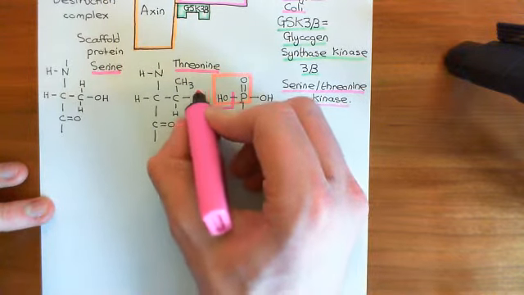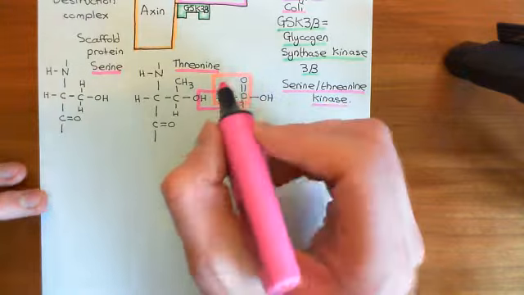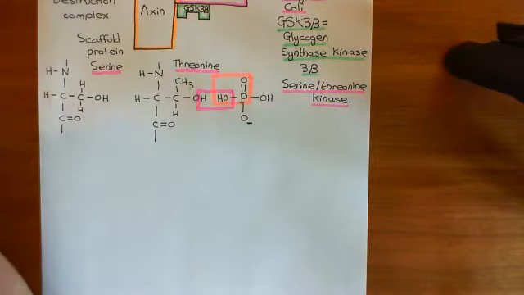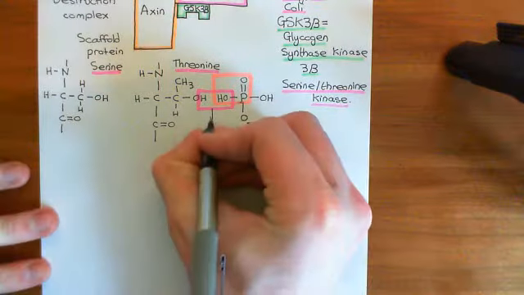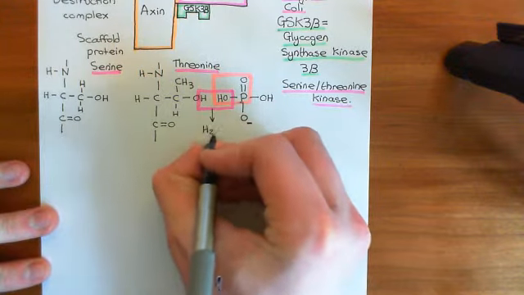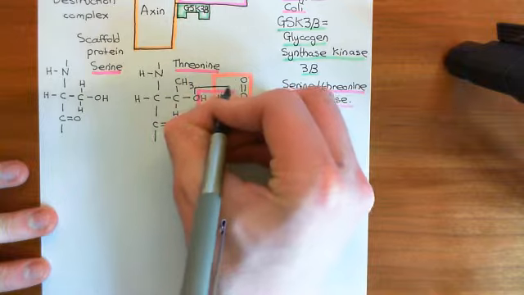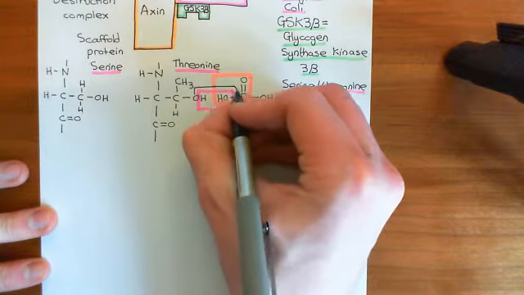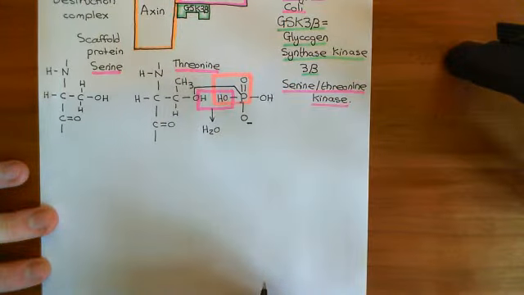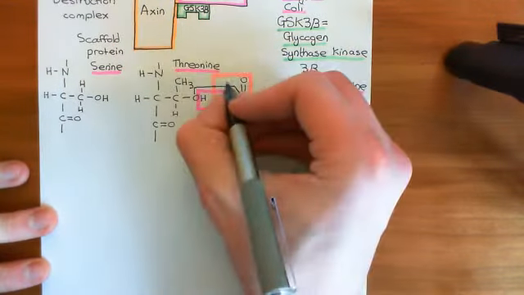We're going to take the alcohol group of the phosphorus atom, and take the hydrogen off the alcohol group. We're going to combine those two things together to make water. We're then going to bind the oxygen atom of the alcohol group of the serine or threonine residue to the phosphorus atom of the inorganic phosphate molecule.